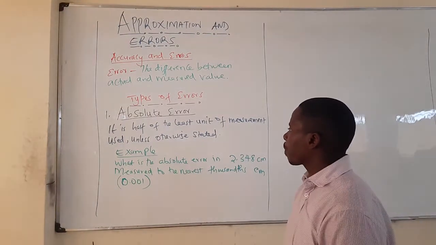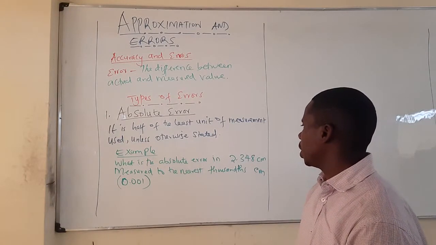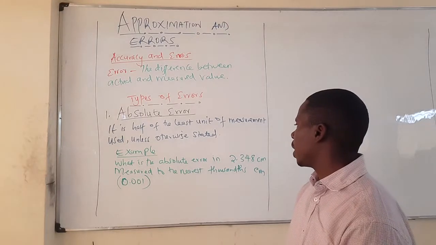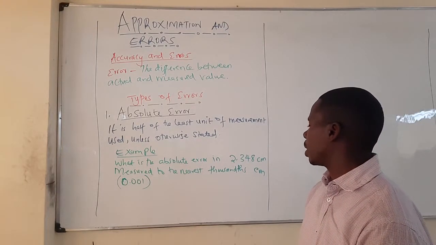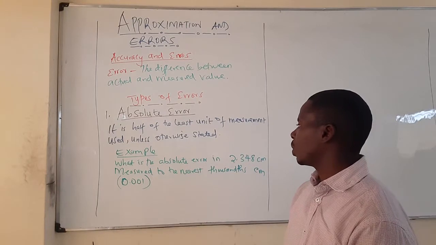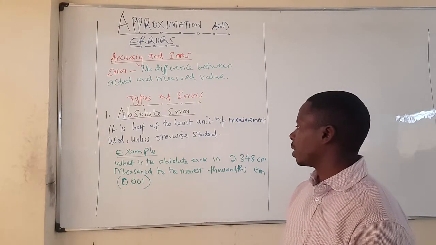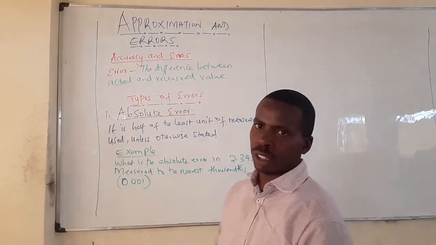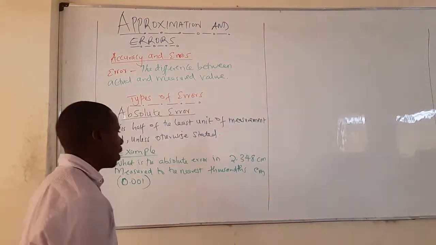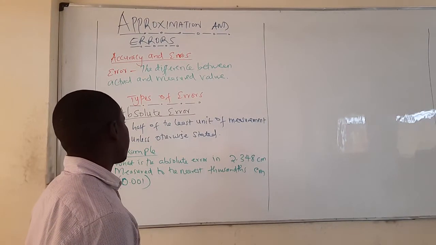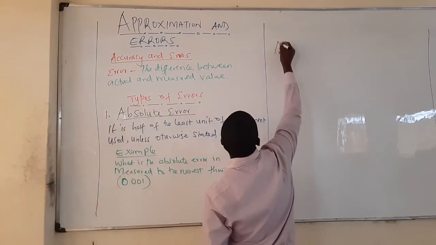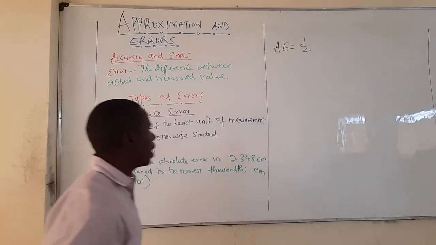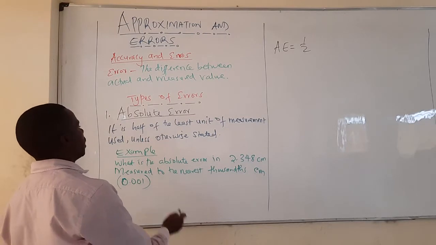What is the absolute error in 2.348 centimeters measured to the nearest thousandth centimeter, that is 0.001? We want to find the absolute error, and we have said that the absolute error is given by the least amount of measure that is being used.